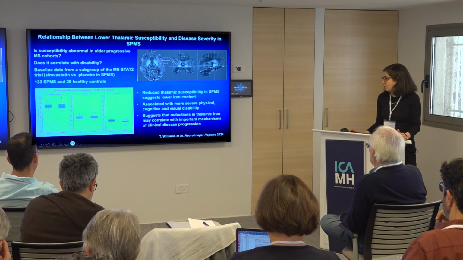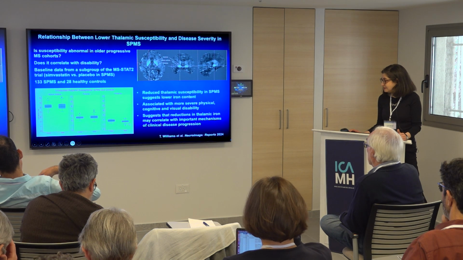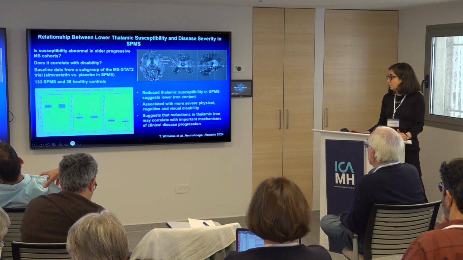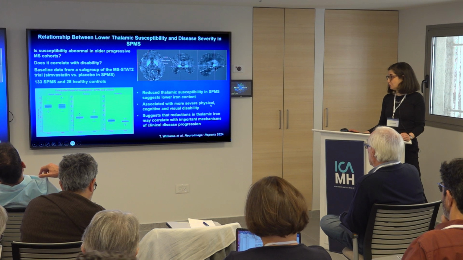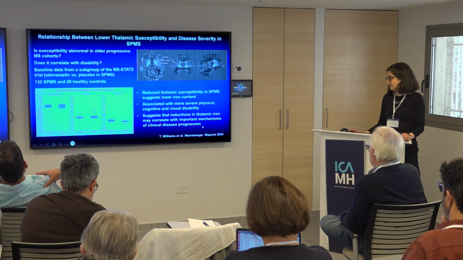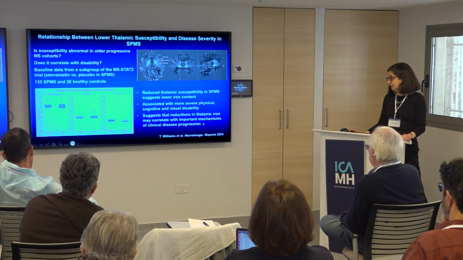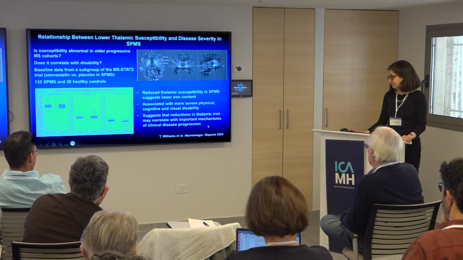What we found was that this reduced susceptibility in the thalamus in these people with SPMS suggested a lower iron content, and that was associated with more severe physical, cognitive, and visual disability. So again, there are suggestions that thalamic iron might correlate with important mechanisms in clinical disease progression.